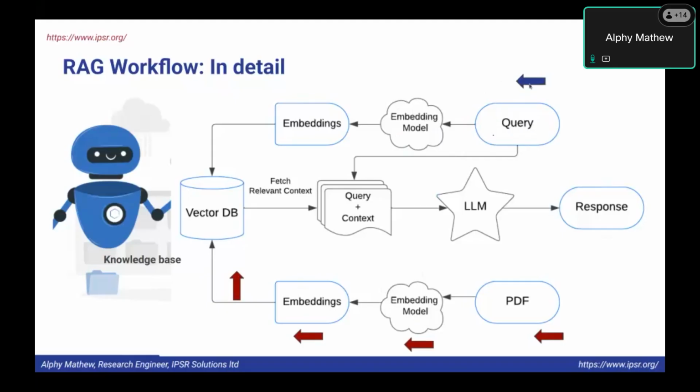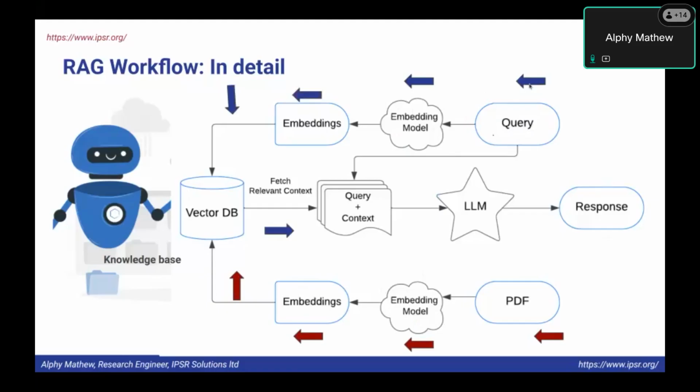When the user asks a query, it is given to the embedding model, and the embeddings of that particular query are created, and using that embedding we search in the vector database, that is our knowledge base.